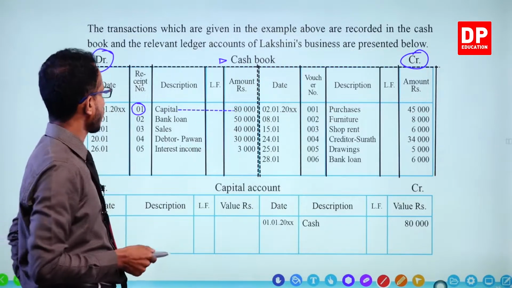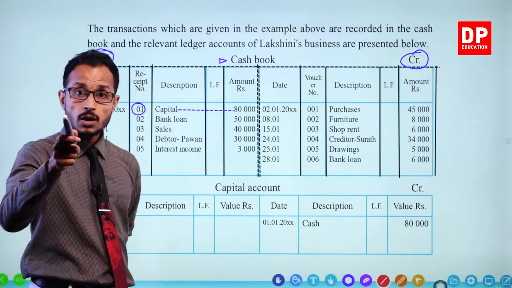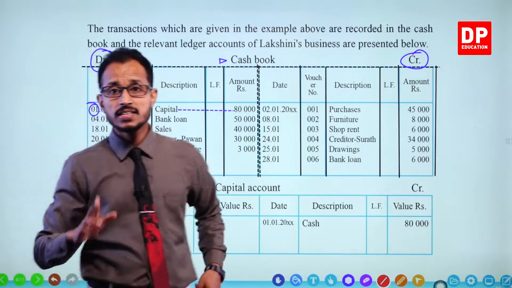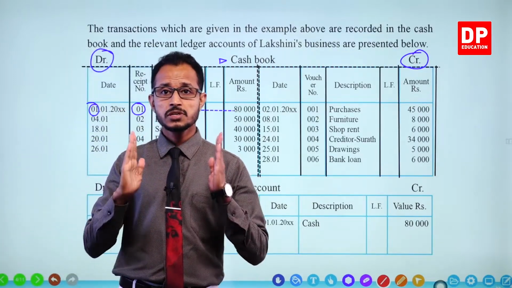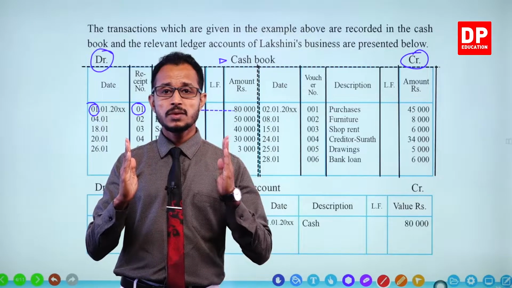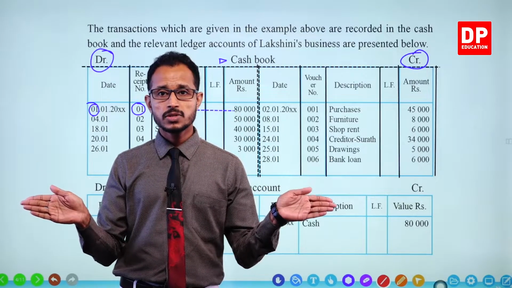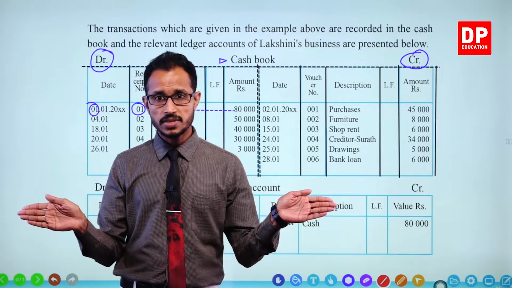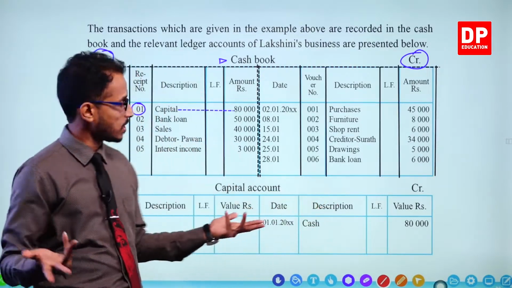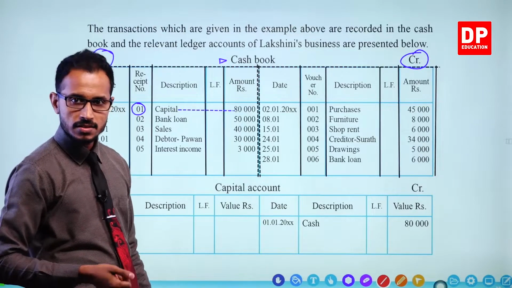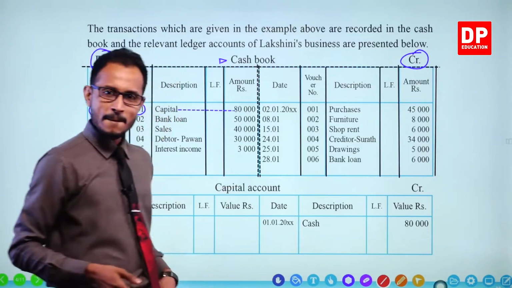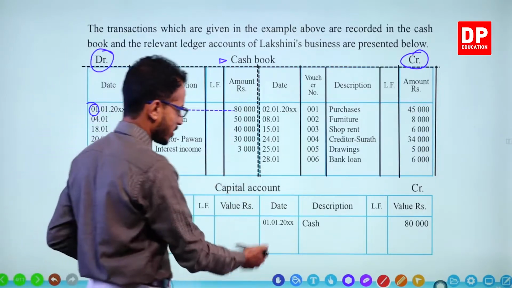Then let's find the other account. Cash debit, capital credit, so the capital account should be there. Where is the capital account? Oh, it's here, right beneath, right under the cash book.